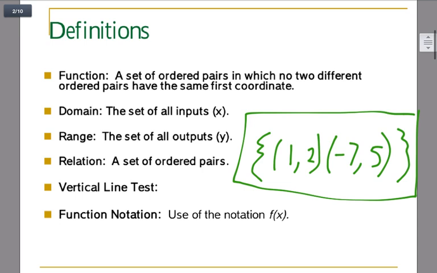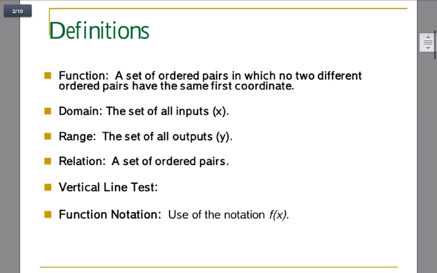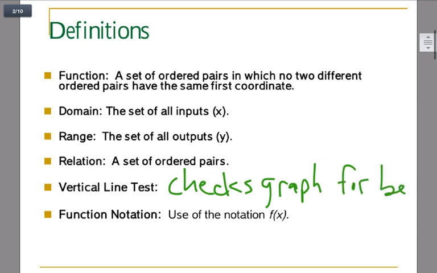The next thing that we'll do is the vertical line test, and all I'll put on this slide is that it checks a graph for being a function. And finally, function notation.